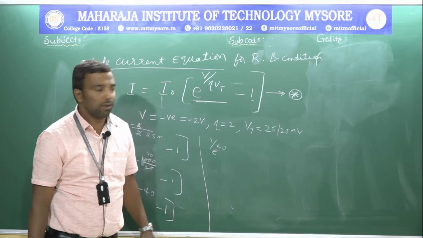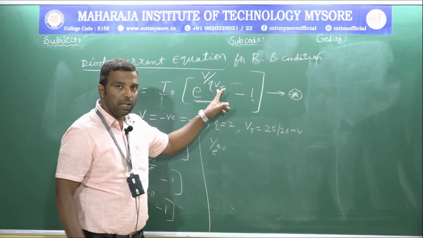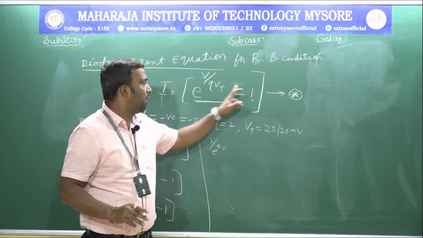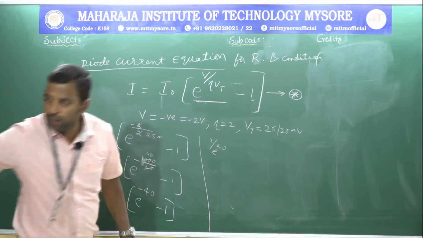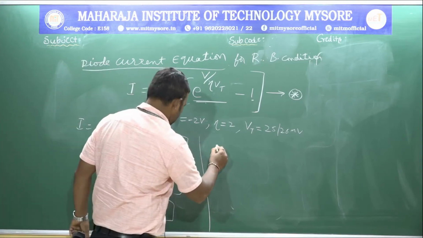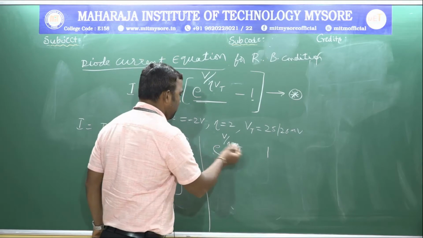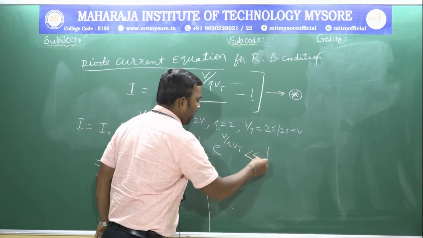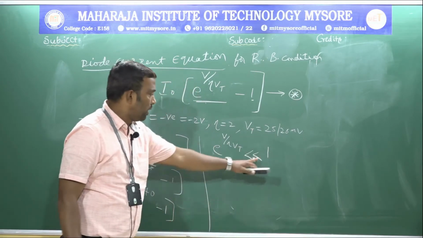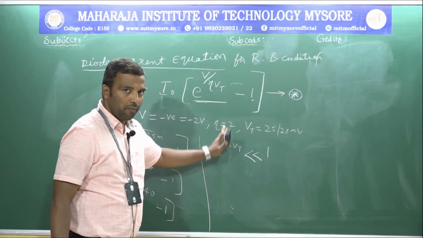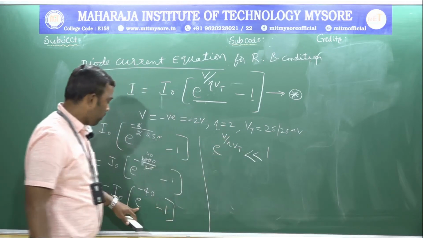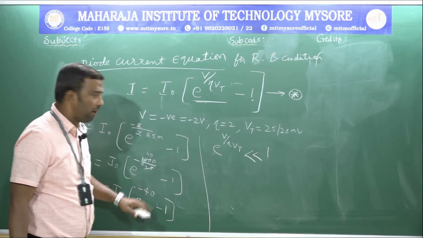We can say V by eta VT is negative, so e power V by eta VT is very much smaller than 1, because e power minus 40 is a very small value.